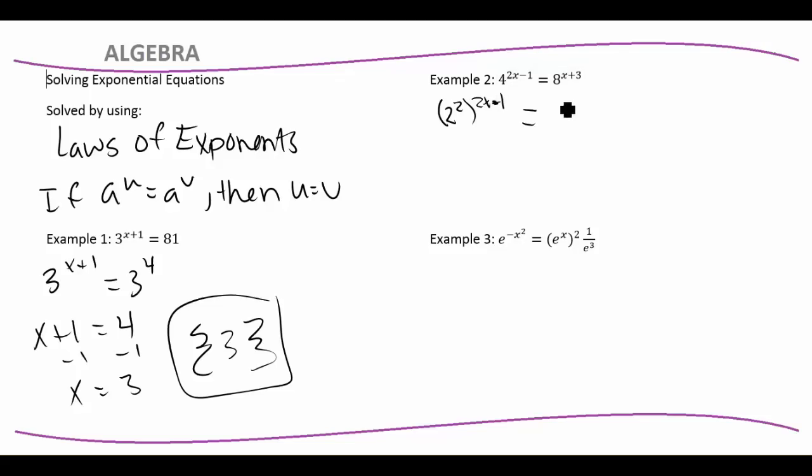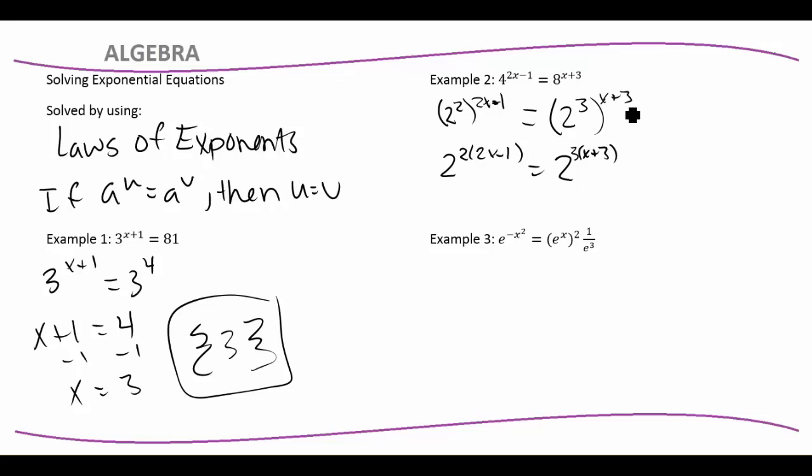And we know that 8 is 2 cubed, so we still have the x plus 3. Now we're going to use our law of exponents, where a power raised to a power, you multiply the powers. So we're going to have 2 to the 2 times 2x minus 1 equals 2 to the 3 times x plus 3.